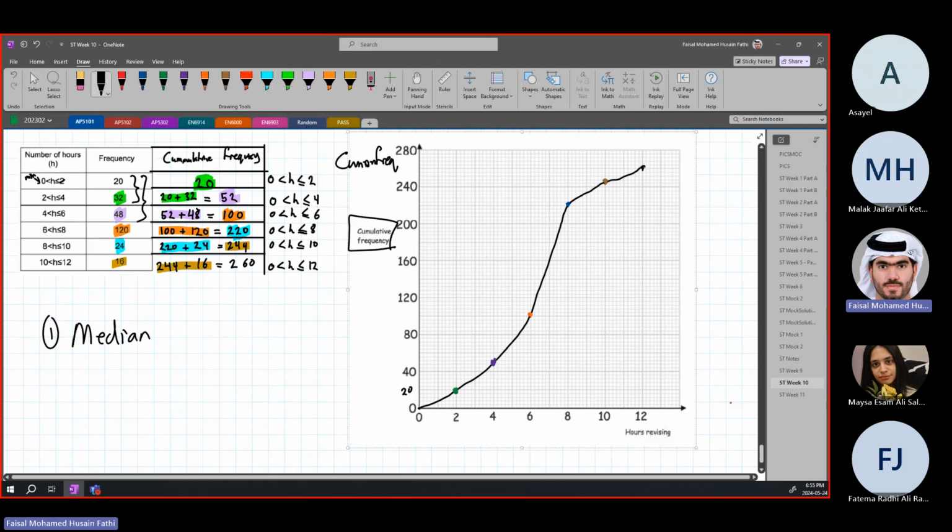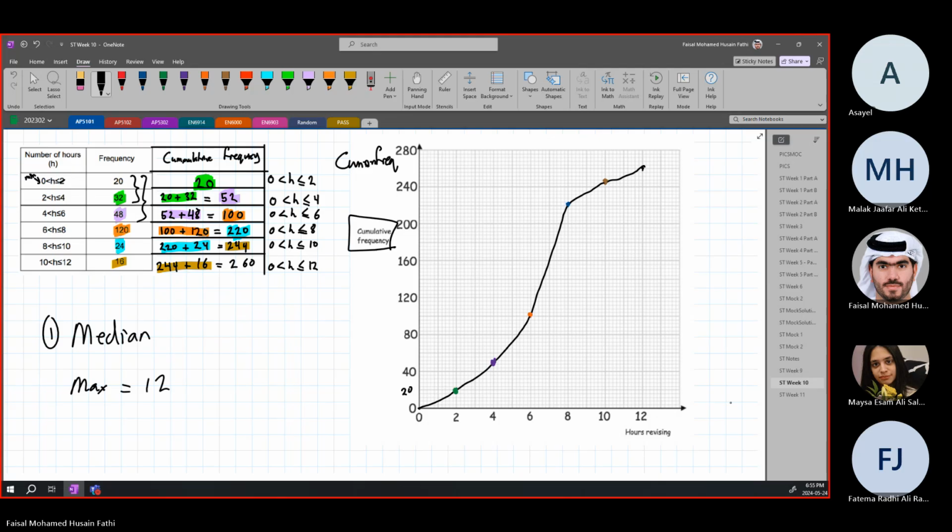So our maximum value, what is our maximum value? Our maximum is equal to 12. So again, our maximum value is going to be 12.